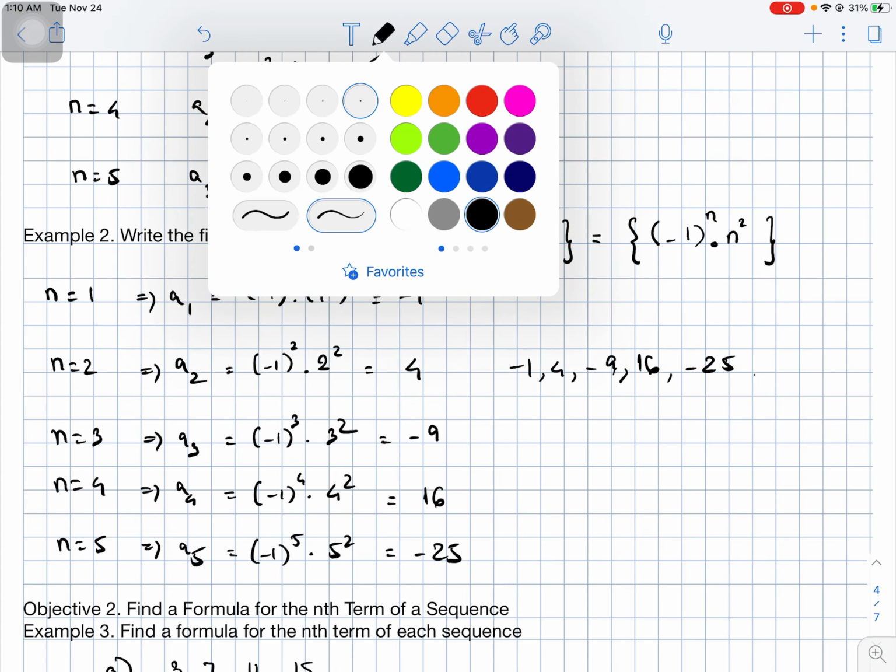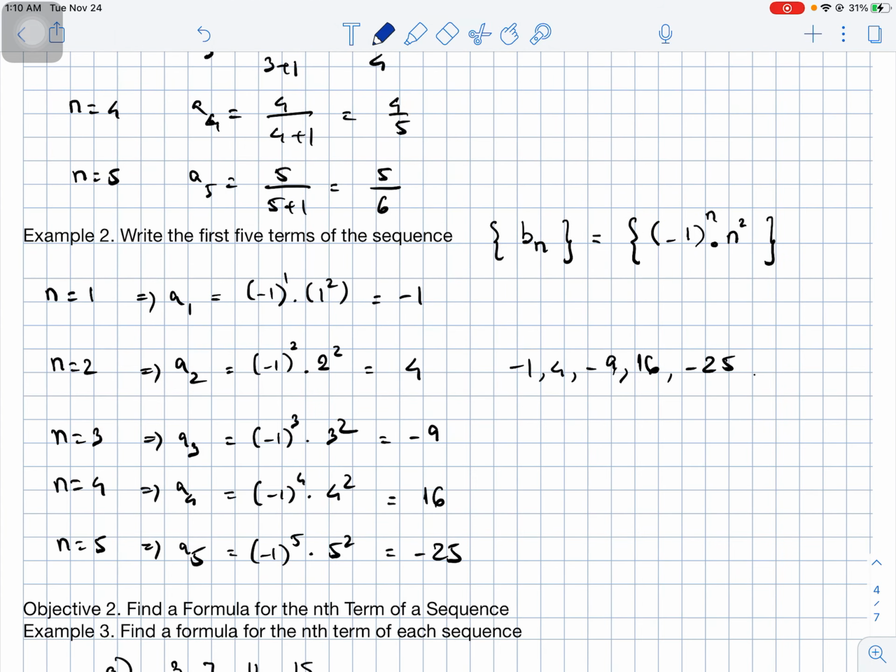We're going to have two choices, depending on whether the minus goes first or the minus goes after. You know that (-1) to the n, if n is odd, gives you a negative answer, and (-1) to the n, if n is even, gives you positive. In this case, because we always begin from 1, the negative goes first.